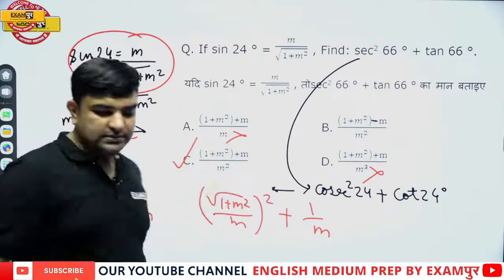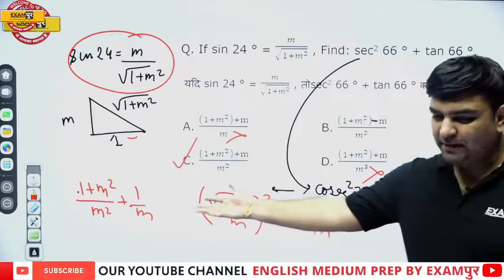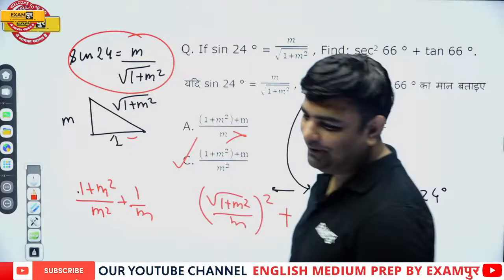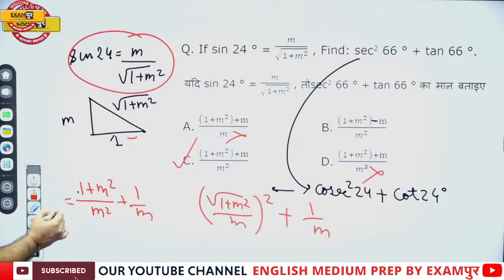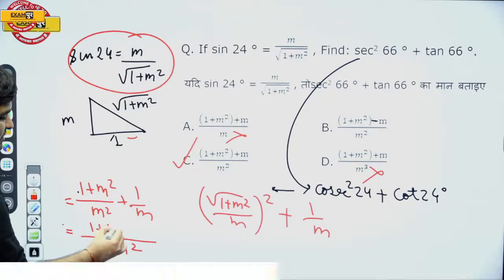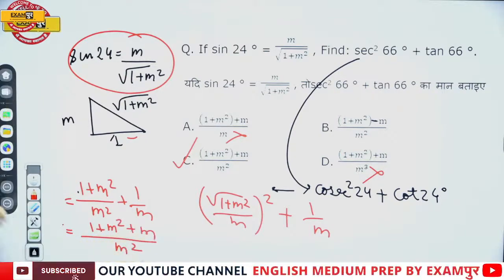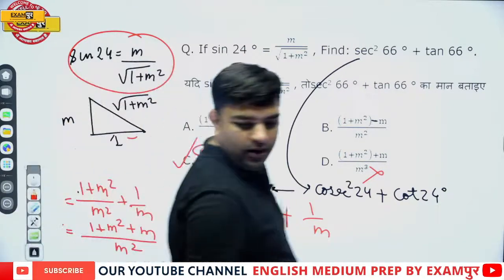I have some space problem, otherwise I would have done it completely. Let's suppose I do it as well. So m square, 1 plus m square over m. 1 plus m square plus m over m square.